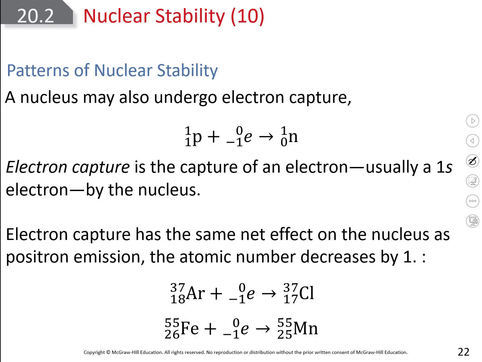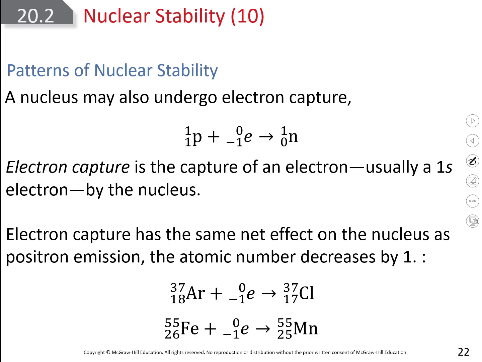But basically what happens is when that electron hits the nucleus, it is going to be attracted to a positively charged proton because electrons are negatively charged. That positively charged proton and negatively charged electron collide and combine, and that positive and negative will cancel out. So it essentially turns the proton into a neutron.